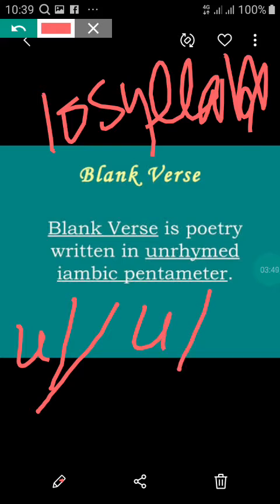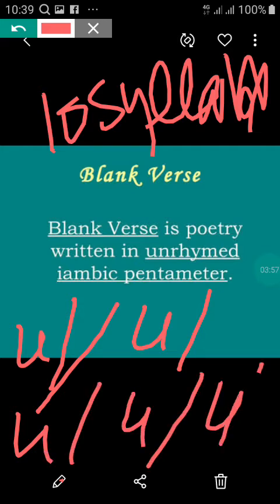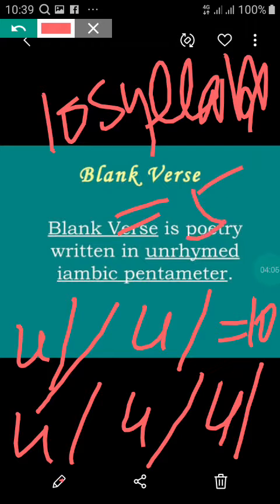Unstressed, stress, it's foot 2. Then unstressed, stress, unstressed, stress, unstressed, stress. So it is equal to 10 syllables overall, but the feet are 5. So it will be known as penta. It will be in iambic pentameter, but without rhyming. There is no certain rhyming A B like that.